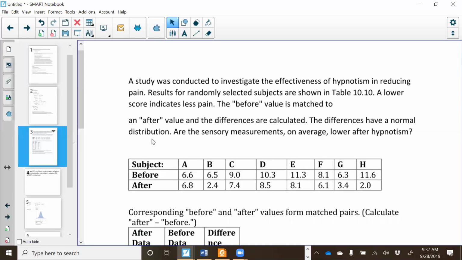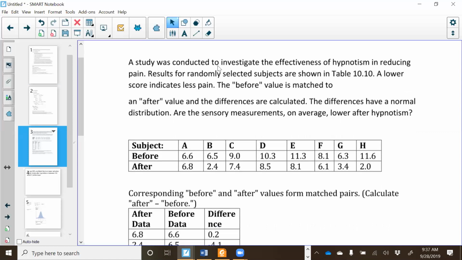This is data that came from the OpenStax textbook, and they're trying to investigate the effectiveness of hypnotism in reducing pain. They gave some kind of evaluation to the patients before hypnotism, and then the same evaluation after hypnotism, and now we're going to see whether hypnotism was effective in reducing these pain levels.